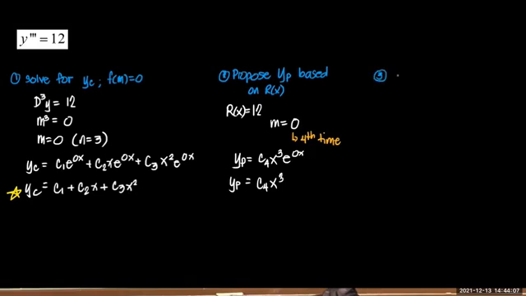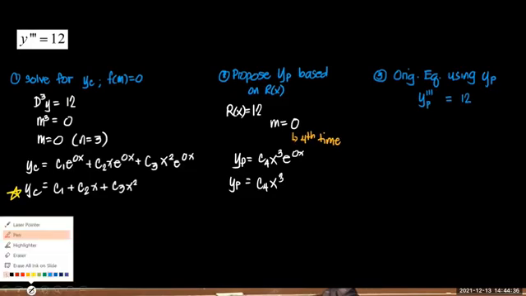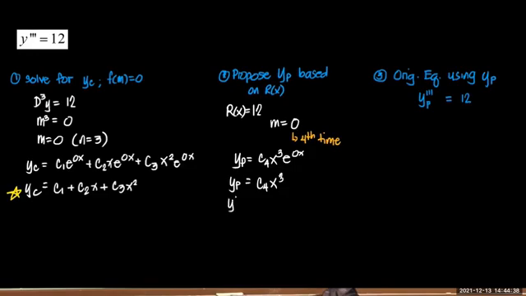According to the 3rd step, let's go back to the original equation using yp. In the original equation, y triple prime is equal to 12, but instead of just y, I'll use yp. Based on step number 2, I have a y prime of p, y double prime of p, and y triple prime of p.